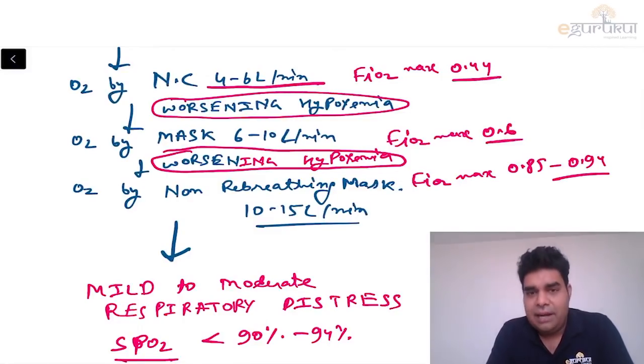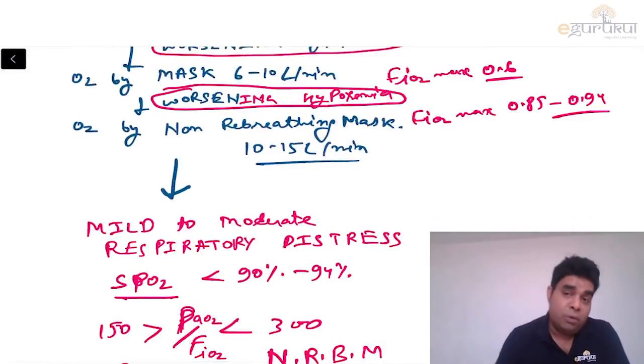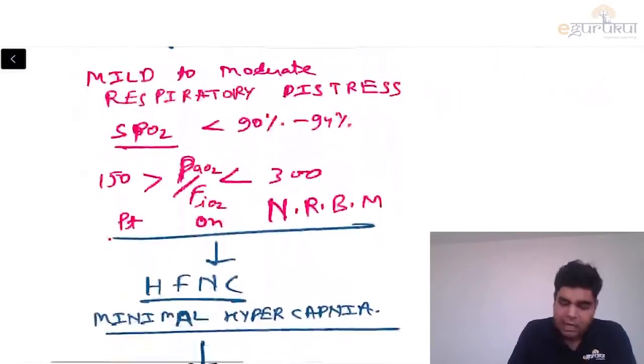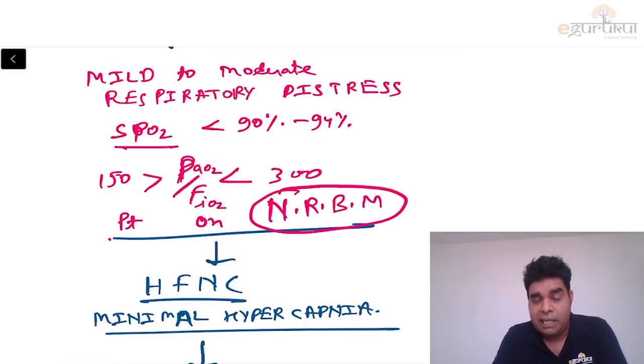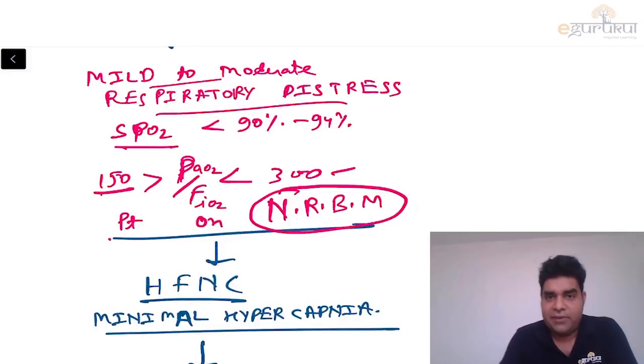But suppose still the patient is not maintaining the saturation, or suppose there is mild to moderate respiratory distress, and the patient is using non-rebreathing mask and the PF ratio is between 150 to 300. It indicates mild to moderate respiratory distress.